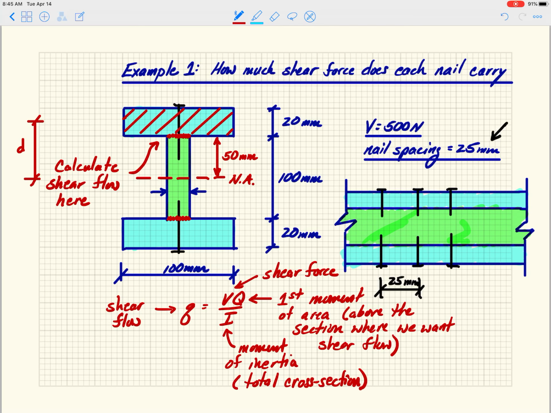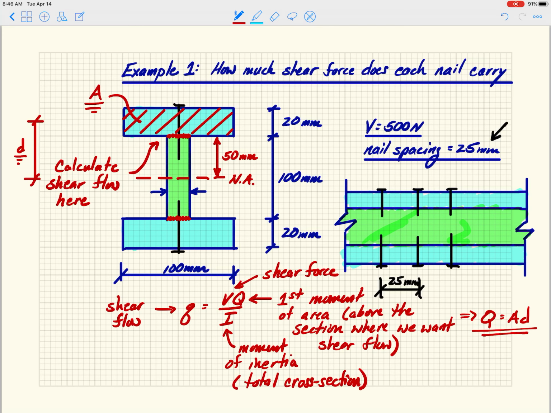So this guy we're going to call area, and we've got this area and we've got this D. So Q is just A times D. It's the first moment of the area, so I only have one moment arm.